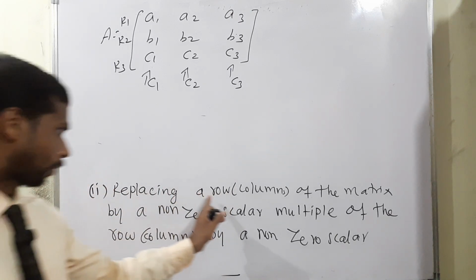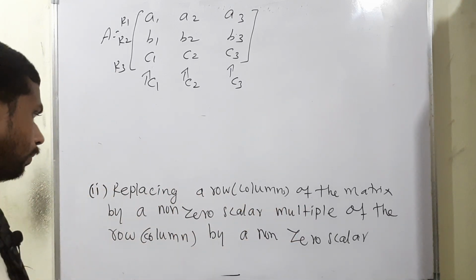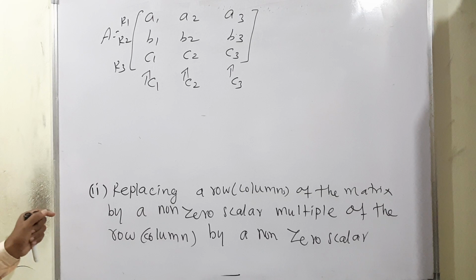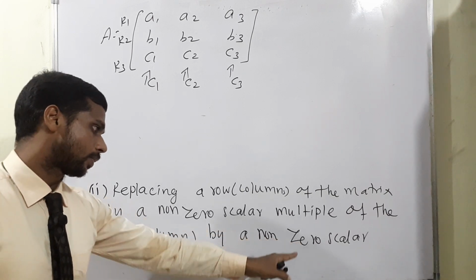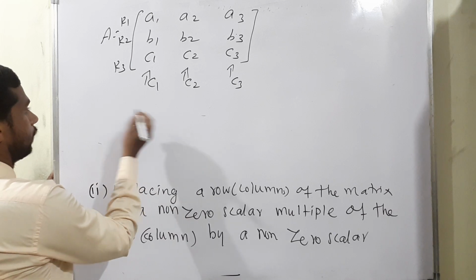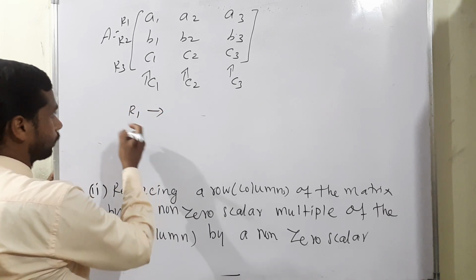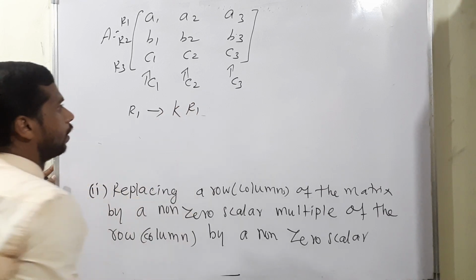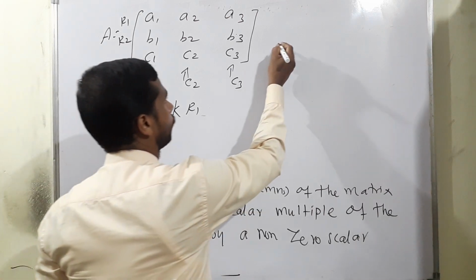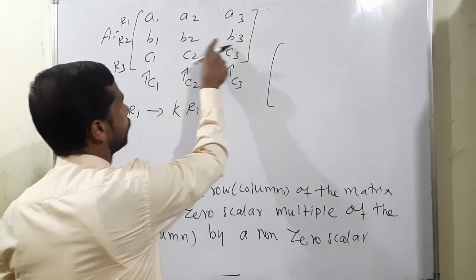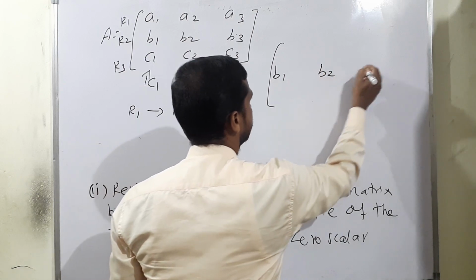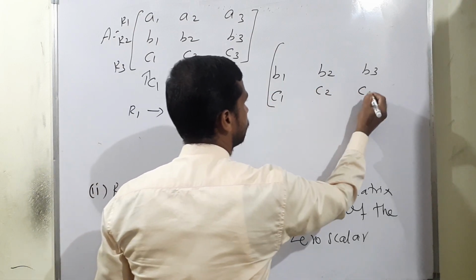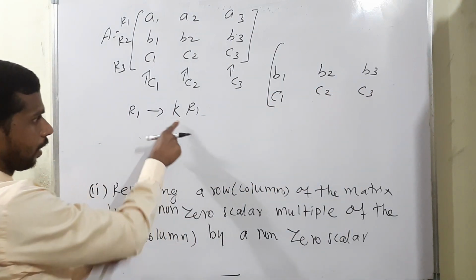Replacing any row or column by a non-zero scalar multiple, the multiplying value must be other than 0. Just apply to row 1 a constant: k into R1, with R2 and R3 as they are. R2 is B1, B2, B3 as it is, and R3 is C1, C2, C3 as it is.